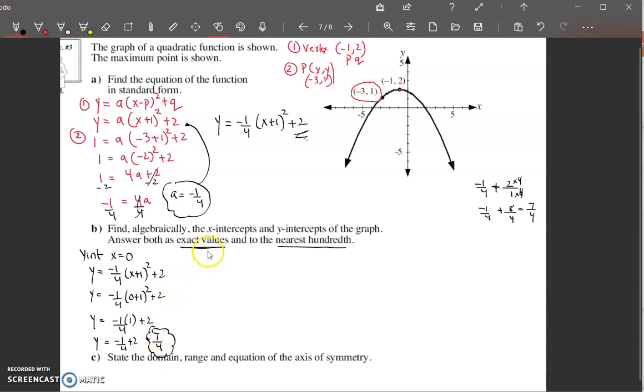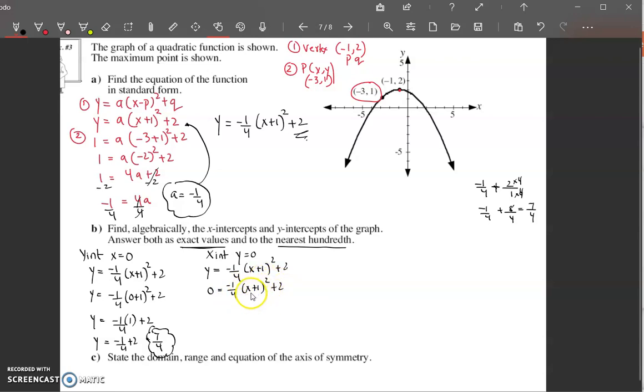Now comes the x-intercept. The x-intercept is found by putting y equal to 0. So in the same equation here, this time we're going to put y equal to 0, and we're going to need to isolate our x.